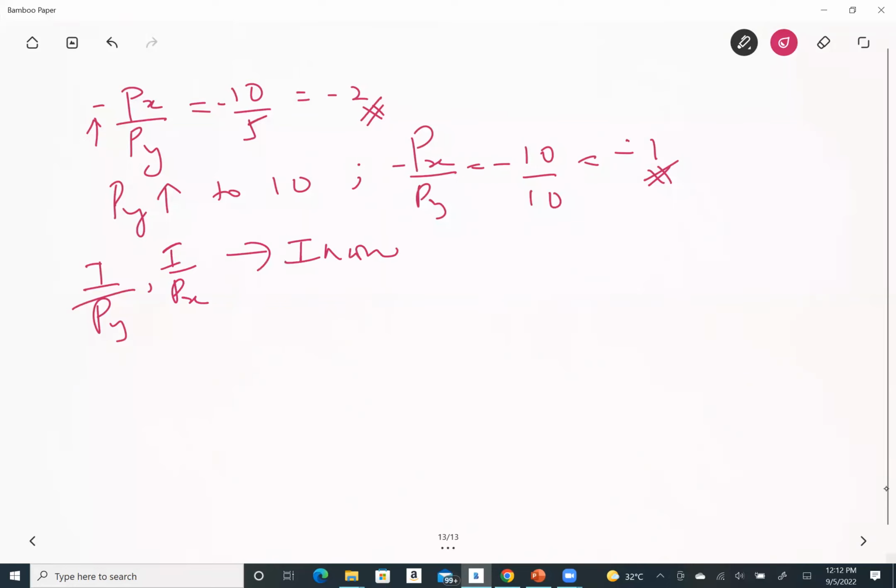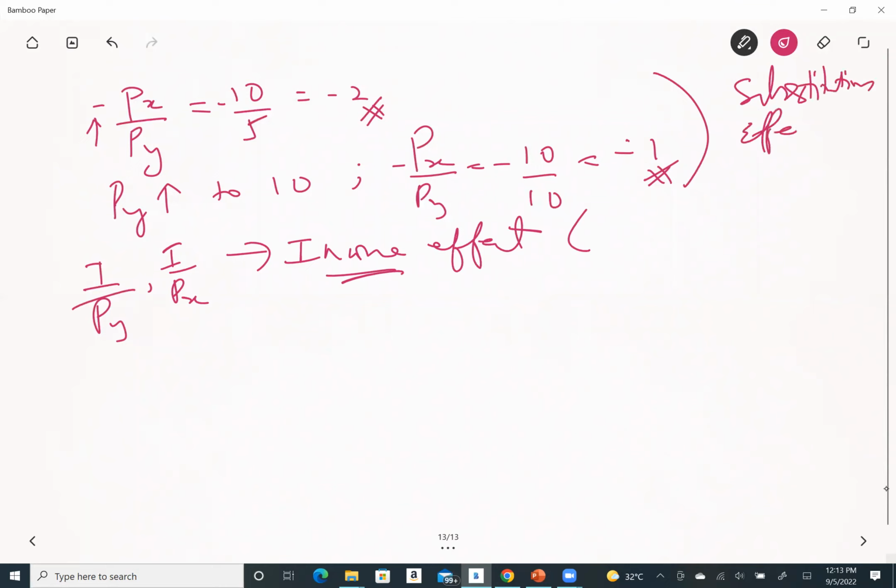And the relative price, PX over PY, is the substitution effect. I'm going into a little more detail because when you look at utility maximizing behavior, we want to look at these two things.